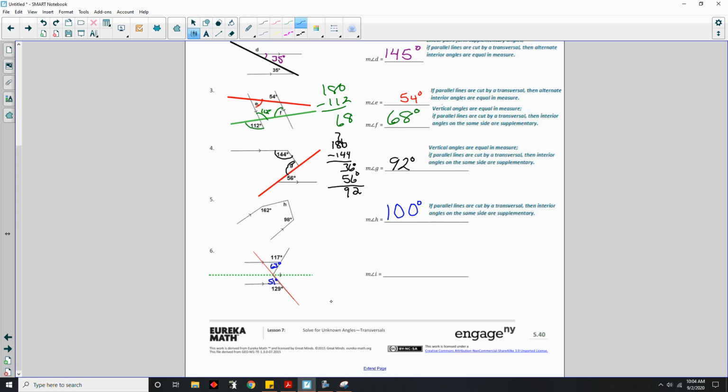So if I drew this a little bit bigger, I have one parallel line, I have another parallel line, I have a transversal going through it. I know this is 51 degrees. And the other thing I'm looking at is the piece here. Alternate exterior angles are congruent.